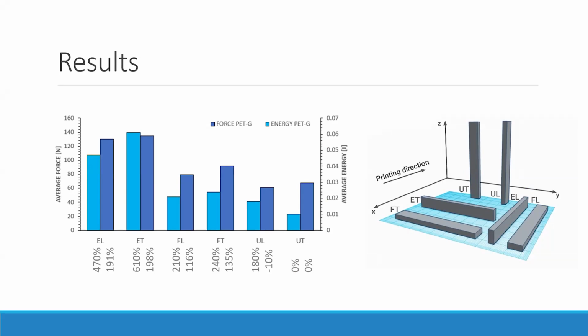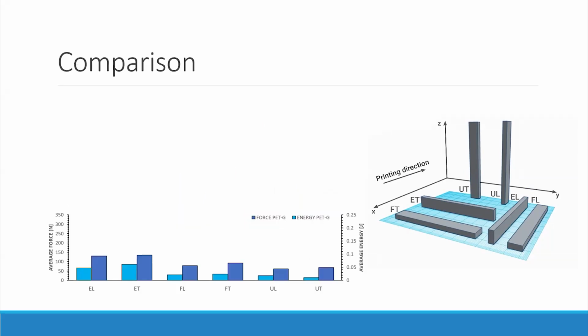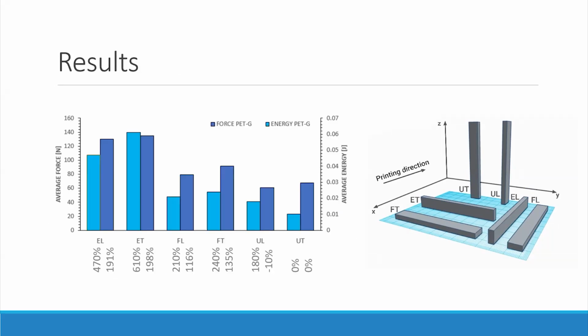The difference between those two is up to 600%. So with these results, we can see that different printing angles and orientations have a very big influence on mechanical characteristics.